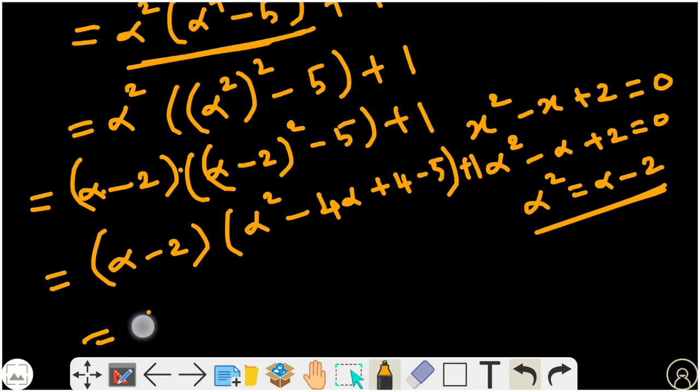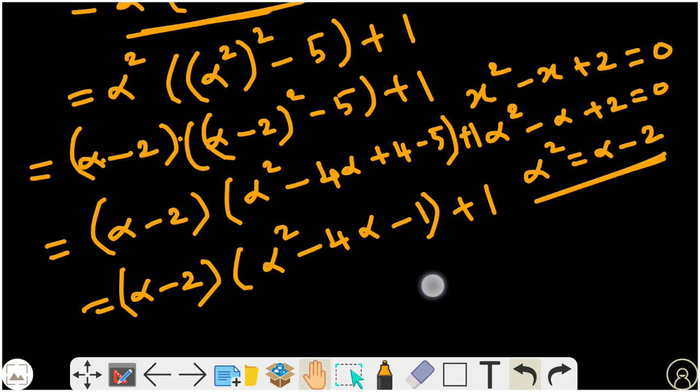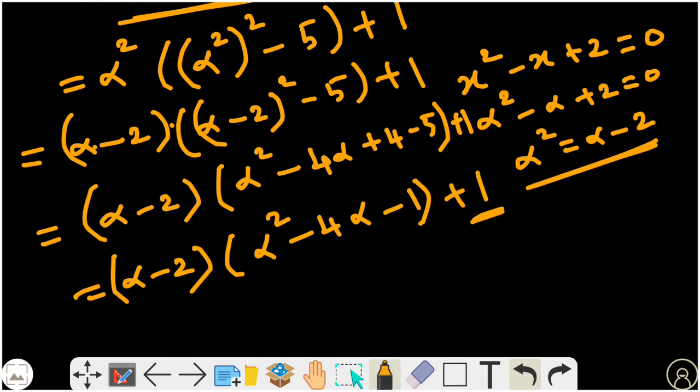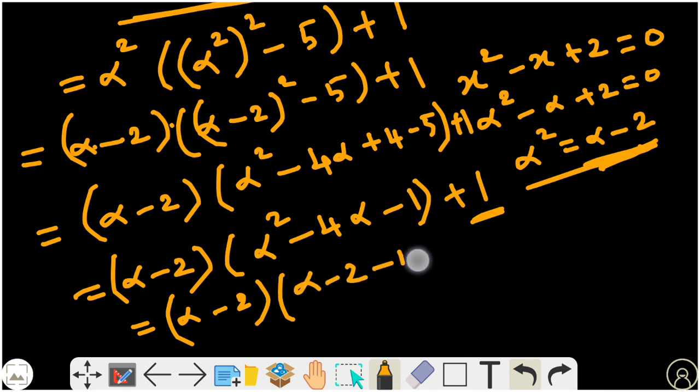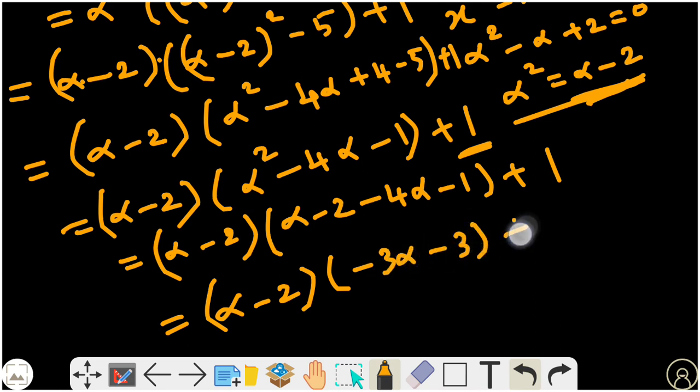Next, what I have to do: alpha minus 2 alpha square minus 4 alpha minus 1, and then plus 1, the last plus 1 is still here, and then alpha minus 2. Here alpha square is there, again I can substitute this value: alpha minus 2 minus 4 alpha minus 1 plus 1, and then alpha minus 2 here minus 3 alpha minus 3 plus 1.